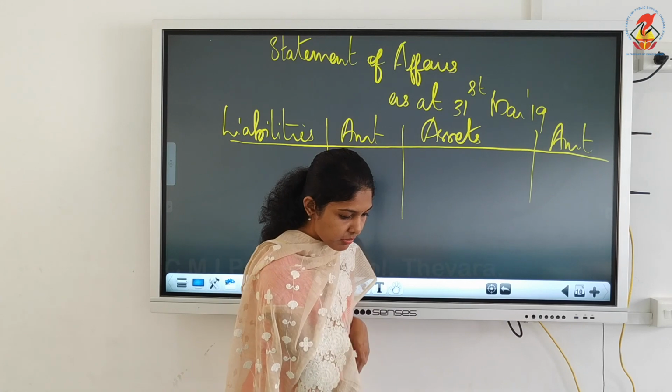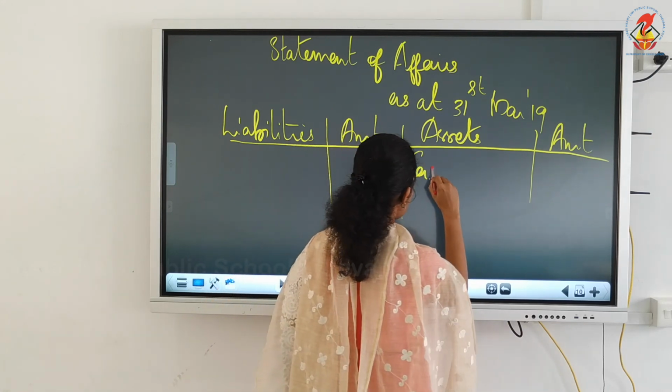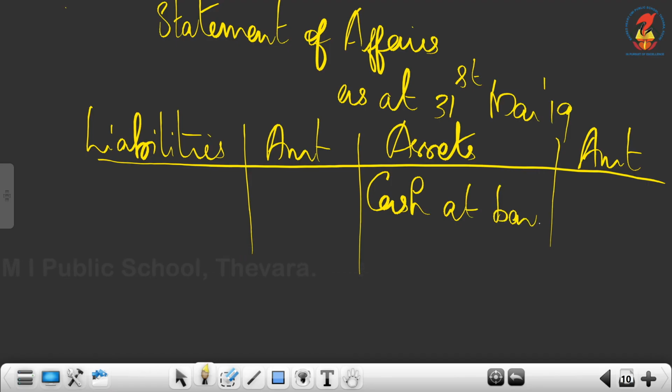Cash at bank, it is given 3,000. So all items you have to copy, that is the year ending figures.